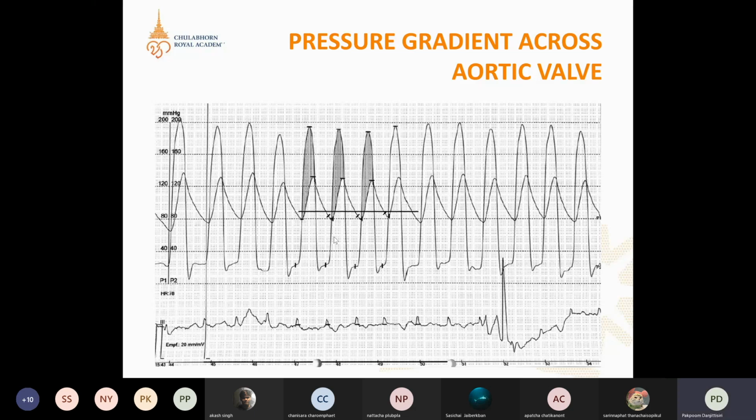Okay, so this is called simultaneous pressure gradient monitoring across the aortic valve.